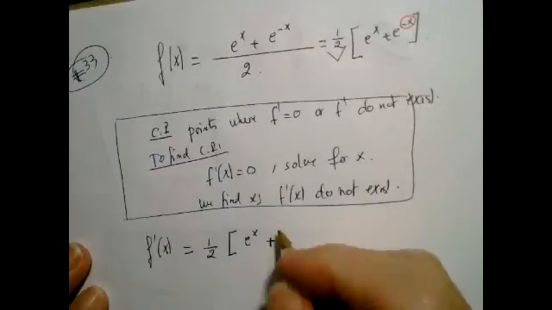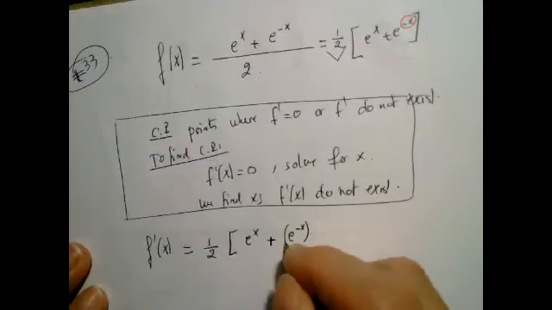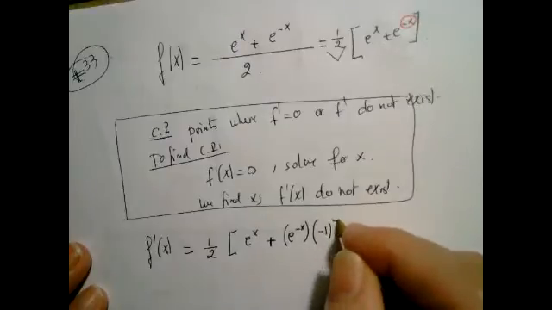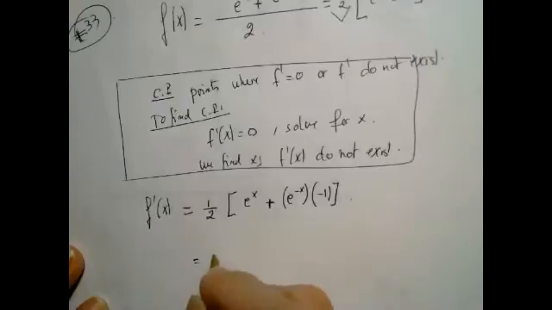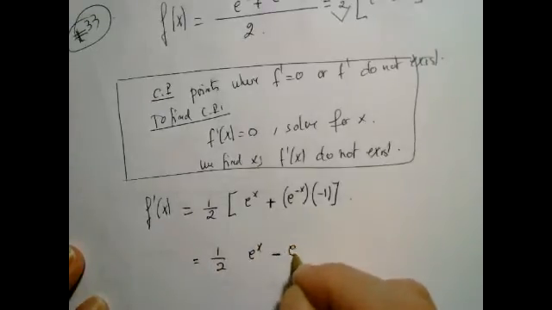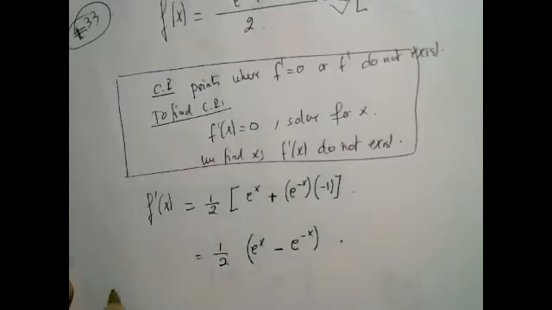So the derivative is going to be the derivative of the outside, evaluated at the inside, times the derivative of the inside, which is minus 1. Okay, so f prime is a half times e to the x minus e to the minus x. So that's the derivative. Now to find the critical point.